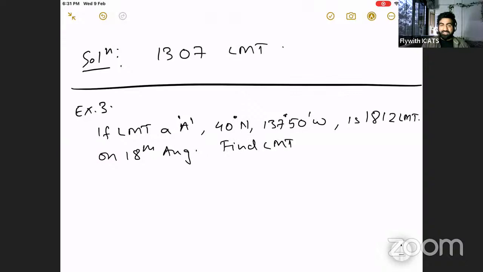Find LMT at B, which is 30 degrees south, 121 degrees, 112 minutes east.